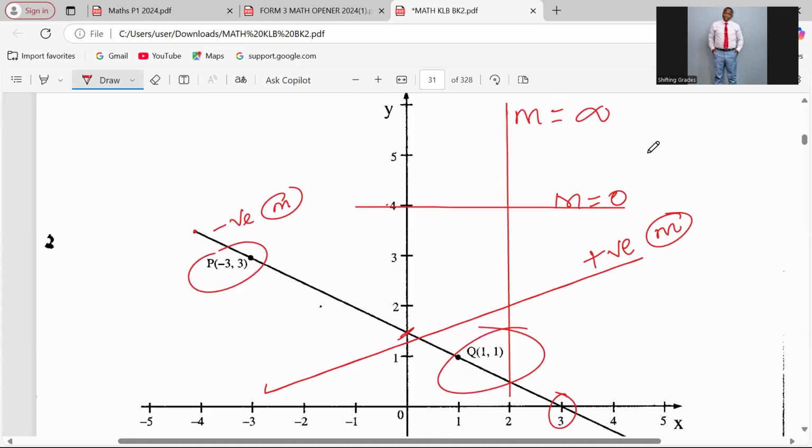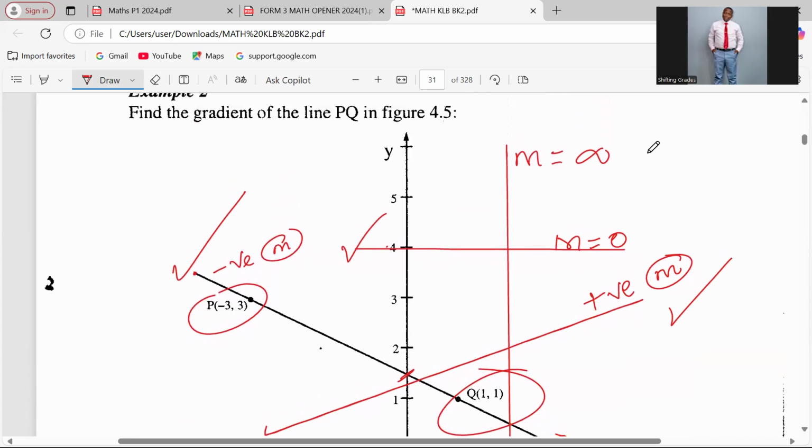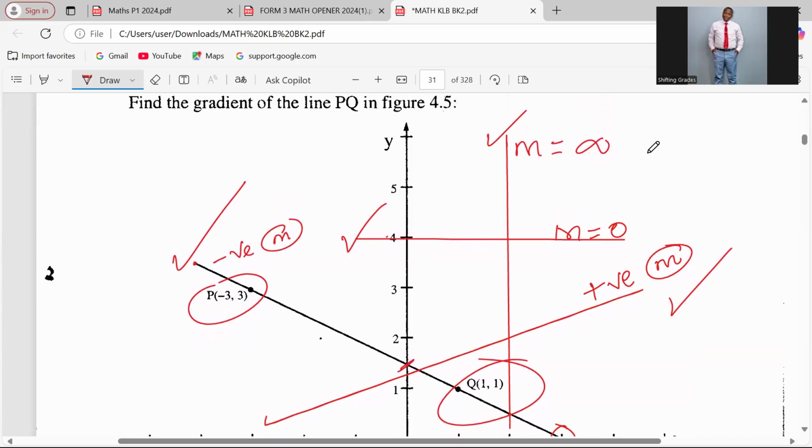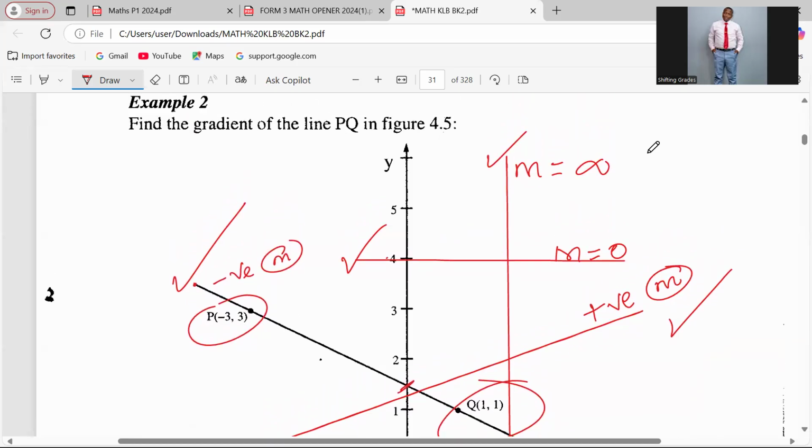So this is the general overview of all the gradients. A gradient can be negative if the line is this way. A gradient can be positive if the line is this way. A gradient can be equivalent to 0 if the line is horizontal. And a gradient can be up to infinity if the line is vertical.